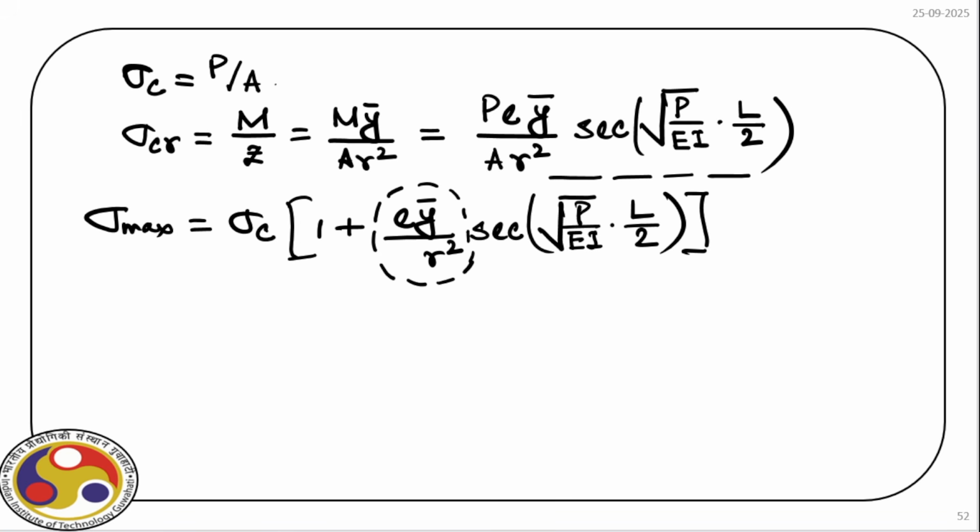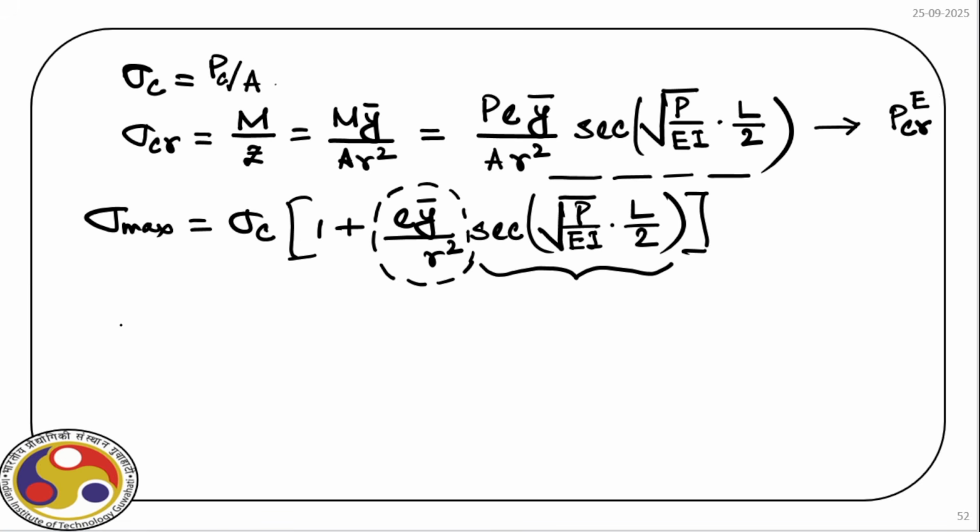Now, this sec term, sec of within bracket square root of P by EI times L by 2, can be approximated. Let the compressive load be PC, and the buckling load be PCR, that comes from Euler expression.